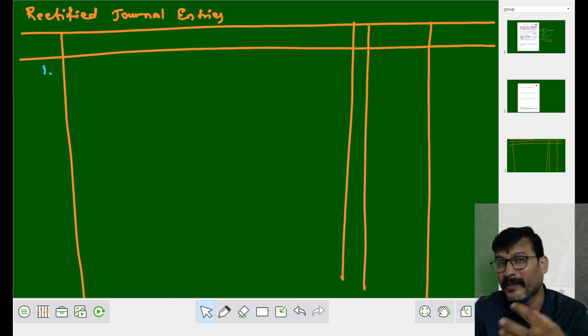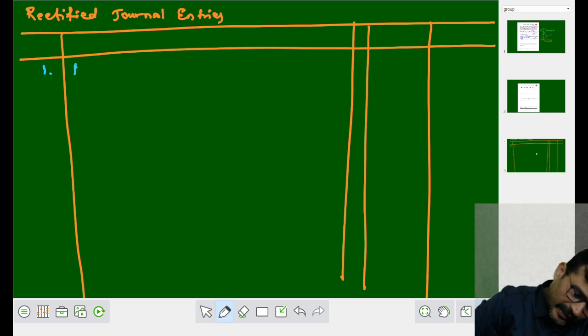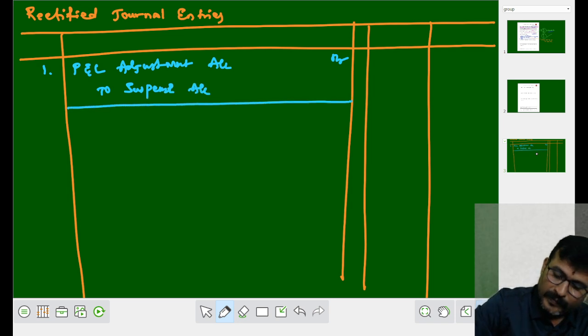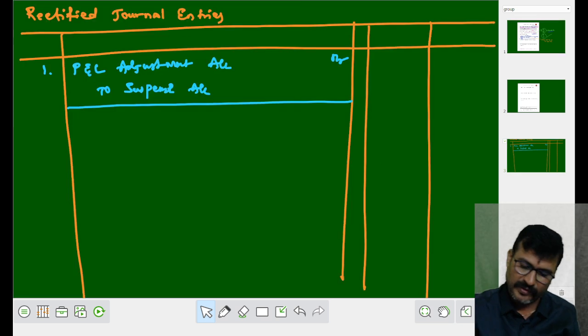Am I right? P&L adjustment account debit to suspense account is your first rectified entry. So let us write P&L adjustment account debit to suspense account. Now what is the amount of this, my dear student? The amount of this is 8,000.